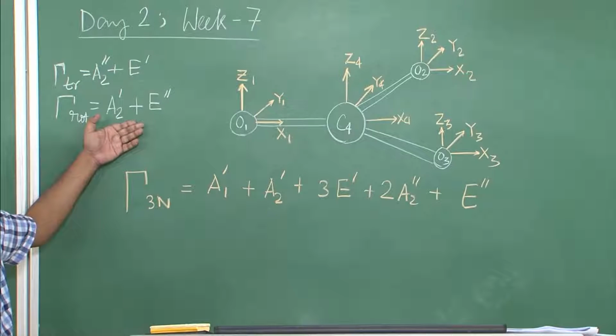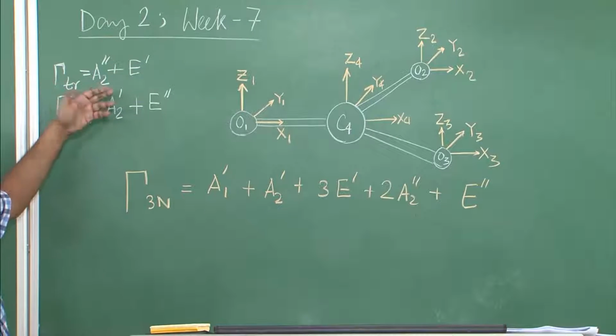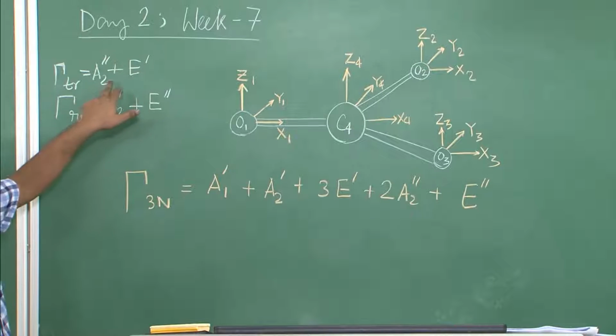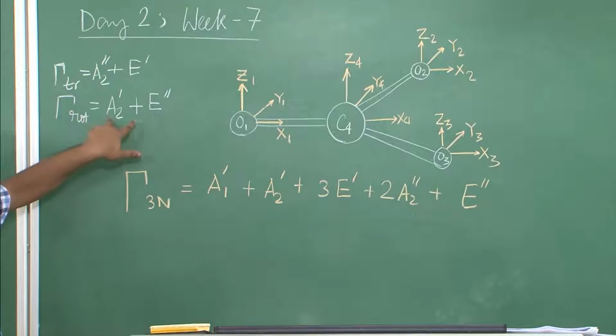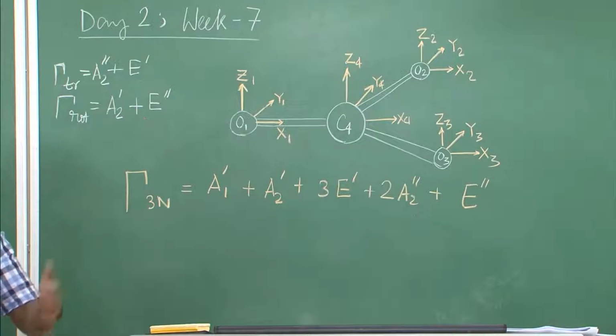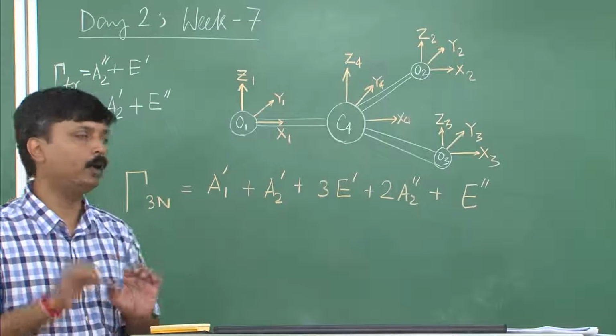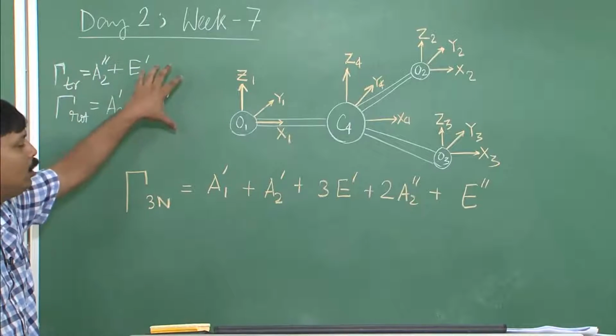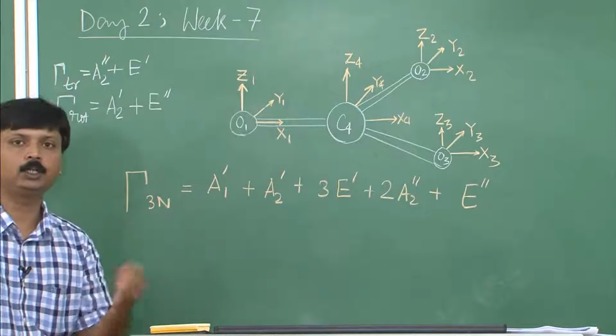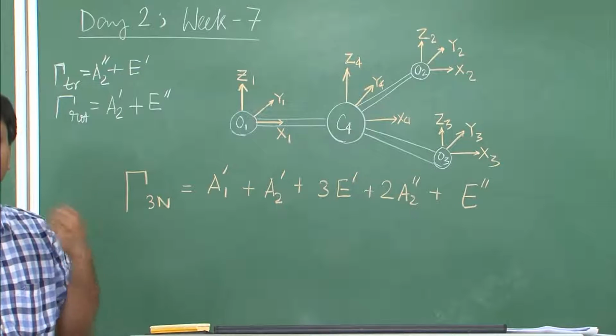How many translational degrees of freedom are there? 3. So if you check, the total dimension here is 3 and here also 3. That again tells you that everything is in order. So I have found the irreducible representations which correspond to translational and rotational motion.